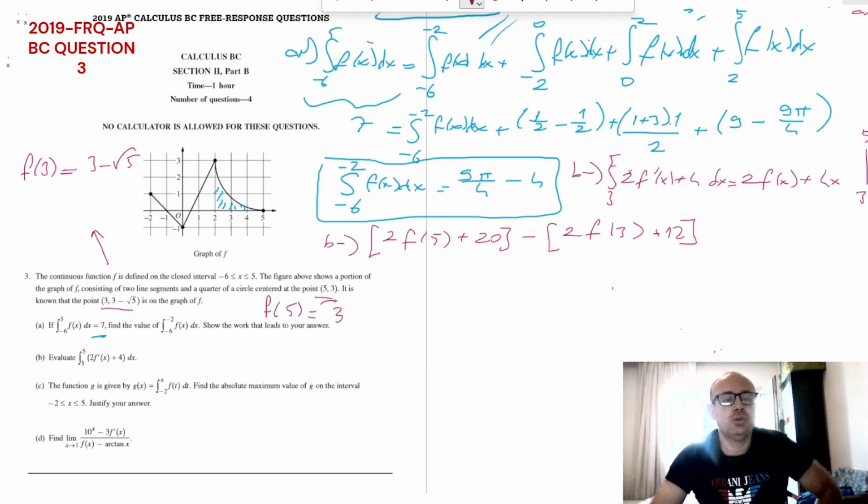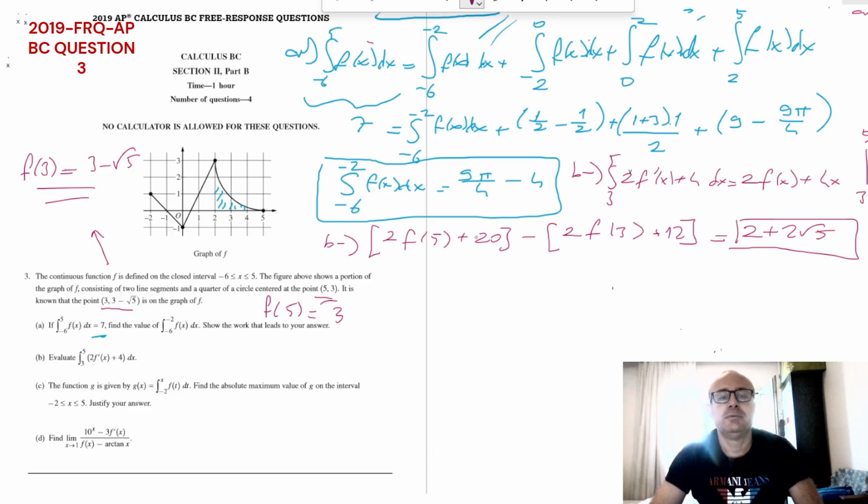If f passes through that point, f must bring the x coordinate to the y coordinate. At the end, if we substitute these values, f of 3 and f of 5, after simplifications, we will find the answer as 2 plus 2 root 5.